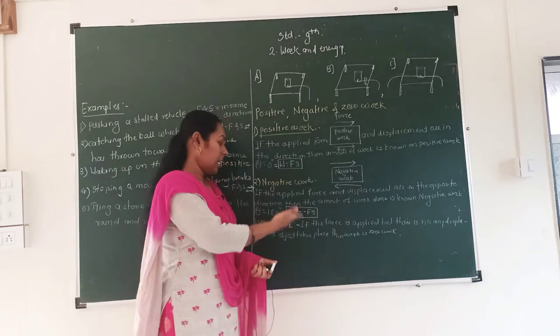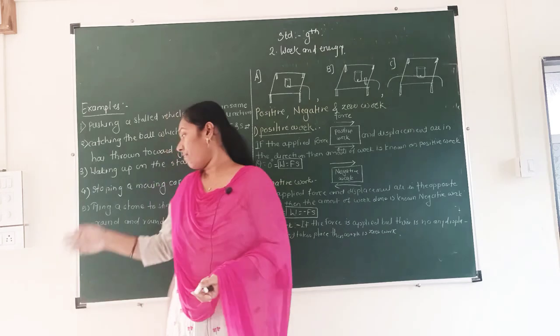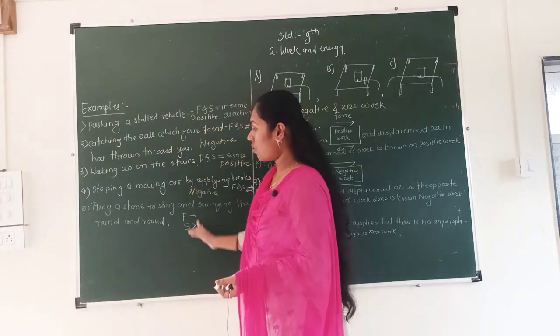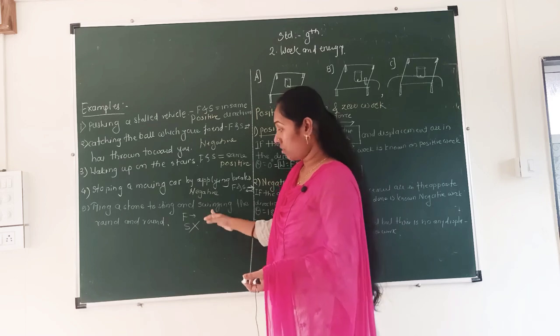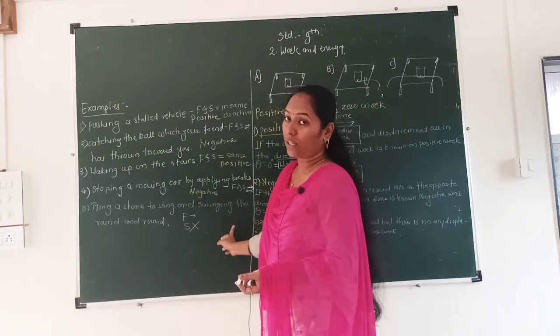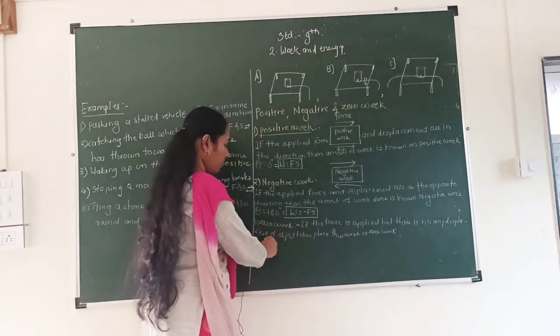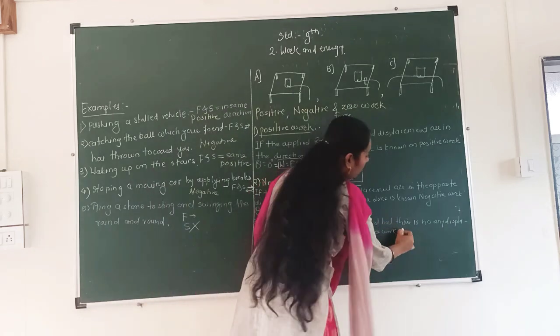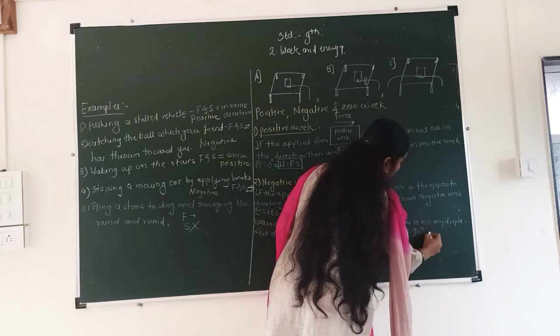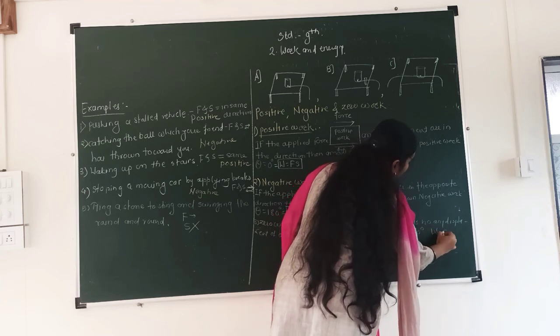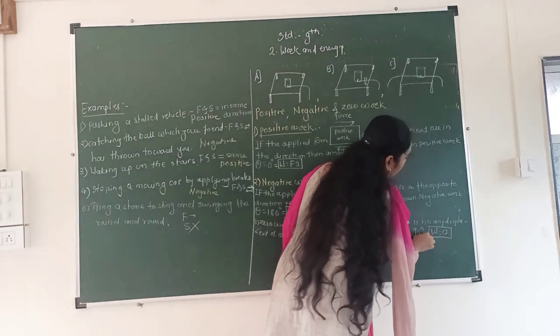Such type of work is known as zero work. Which is the example of zero work? The fifth one. In the case of zero work, the angle theta is 90 degrees. And what is W? W is equal to 0 because there is no work.